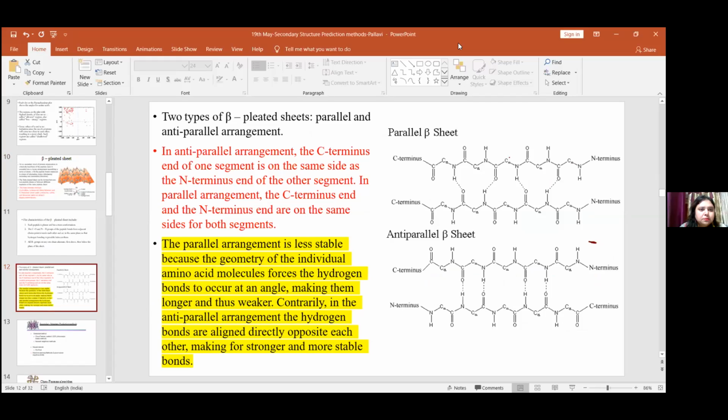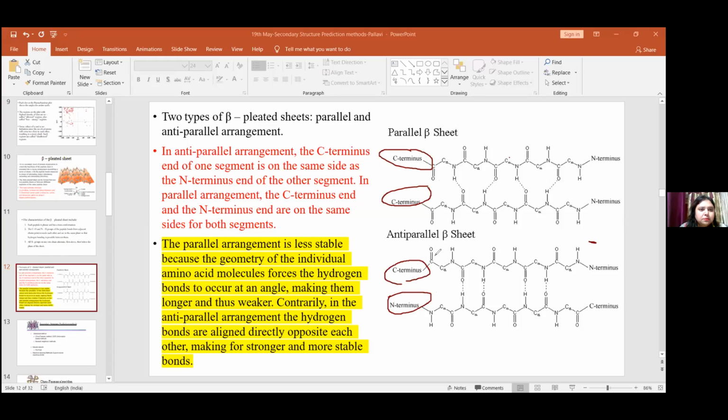When the C termini of both peptides are in the same direction, it is known as parallel beta sheets. And when one peptide has its C terminus facing the N terminus of the second peptide, it is known as anti-parallel beta sheets.